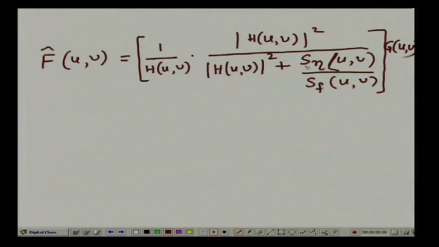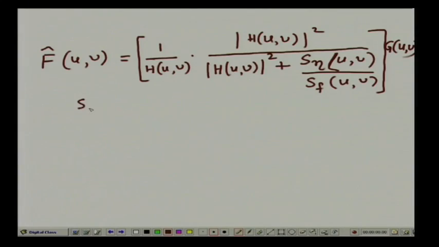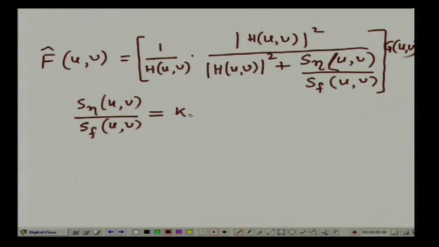Now, even if I assume that the additive noise contained in the degraded image is a white noise for which the noise power spectrum will be constant, it is not possible to find out what is the power spectrum of the original undegraded image. So, for that purpose normally this ratio, that is S eta u v upon S f u v, the ratio of the power spectrum of the noise to the power spectrum of the original undegraded image, is taken to be a constant k.